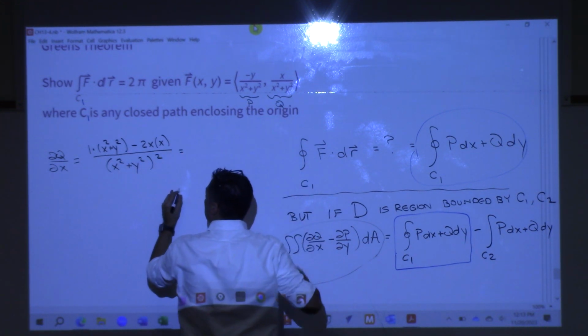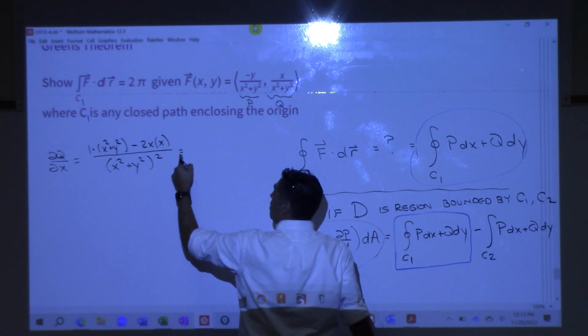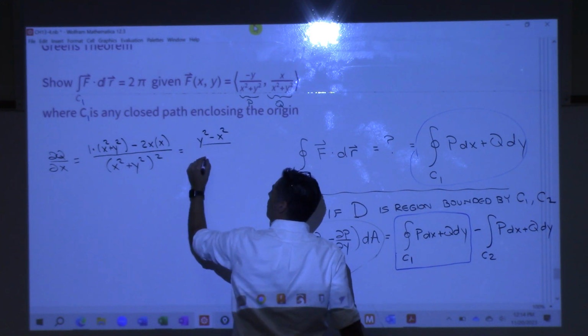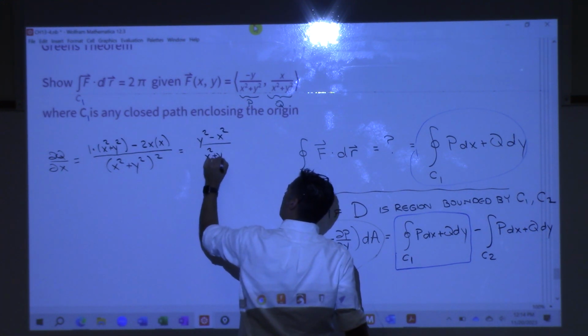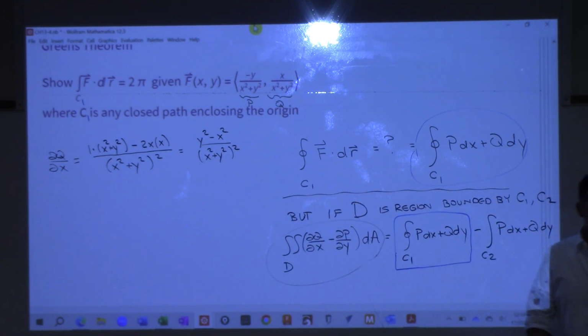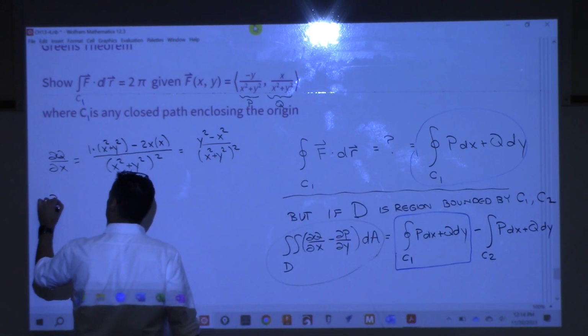Which is x squared plus y squared minus 2x squared, so I think that's y squared minus x squared. Do y'all believe that that's partial q with respect to x? Okay, what's the partial p with respect to y?